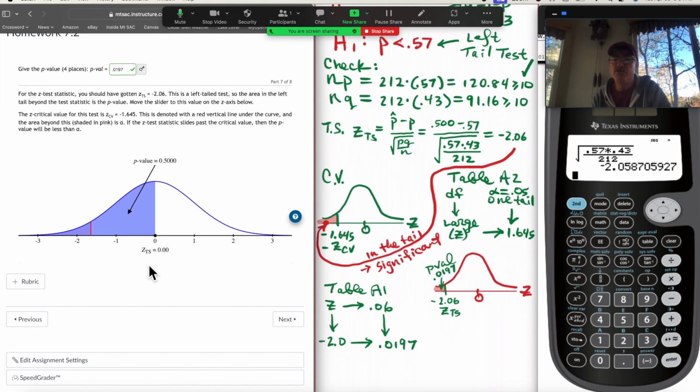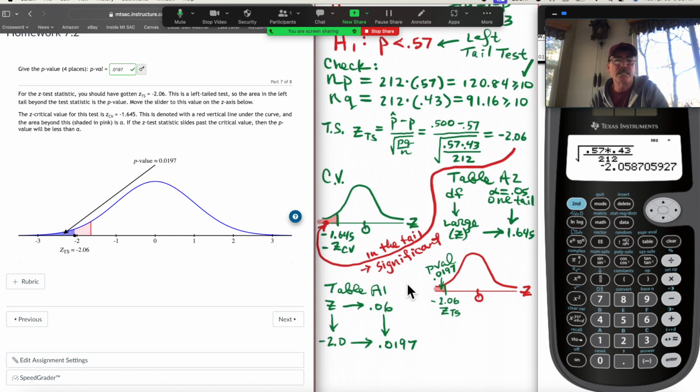Now we're going to draw in this little diagram that creates the p-value. So the test statistic is negative 2.06, we just want to dial that in here on the left. So negative 2.0, where are you? 456, right there. And you can see the p-value 0.0197, which is what we got. And this little red line here is the critical value, which was negative 1.645.